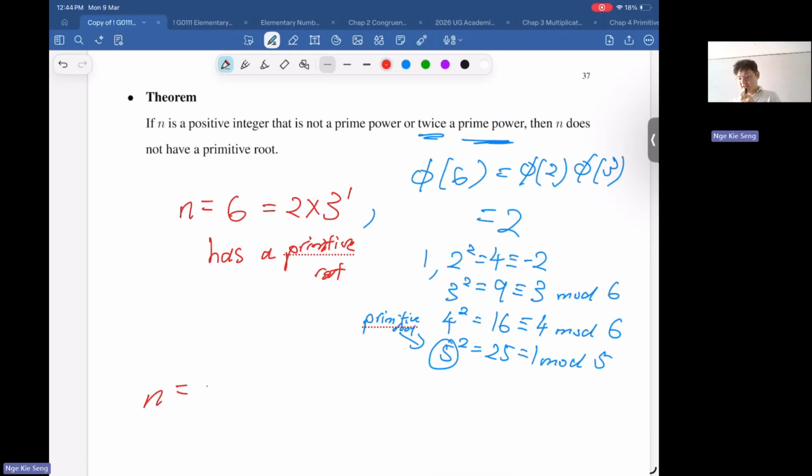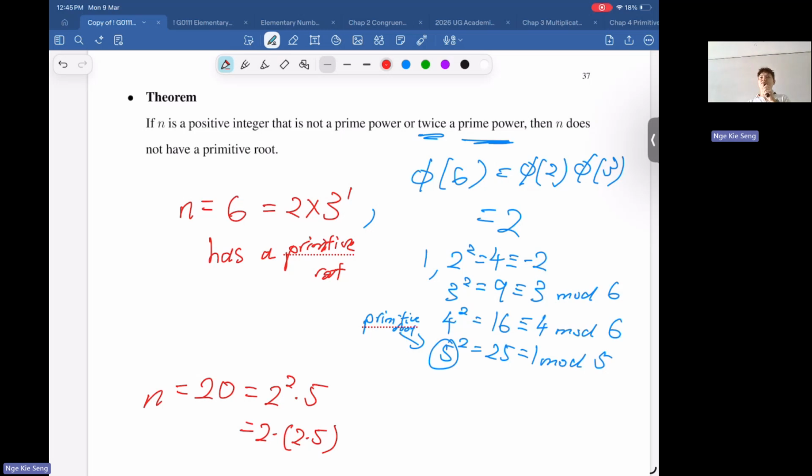Okay, let's try 20. So 20 is 2 squared times 5, right? Is it a prime power? No, because you got a mix of prime powers. Is it twice a prime power? Maybe you can pull this 2 out first, and then it's 2 times 5, a prime power? No, it's a mix of prime powers. Maybe 20 works.